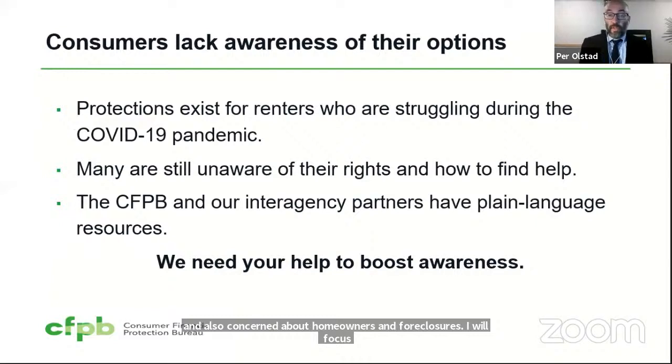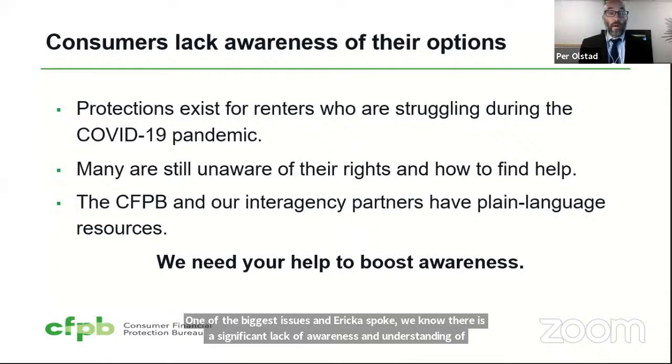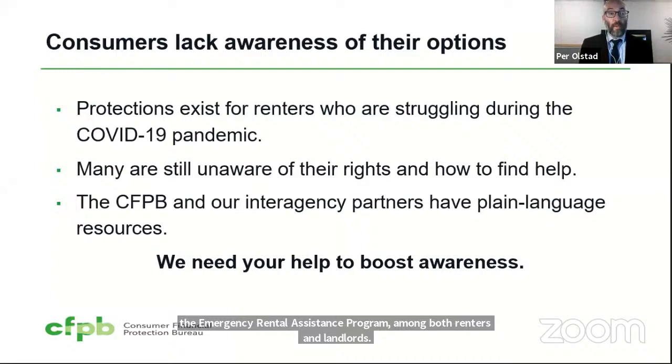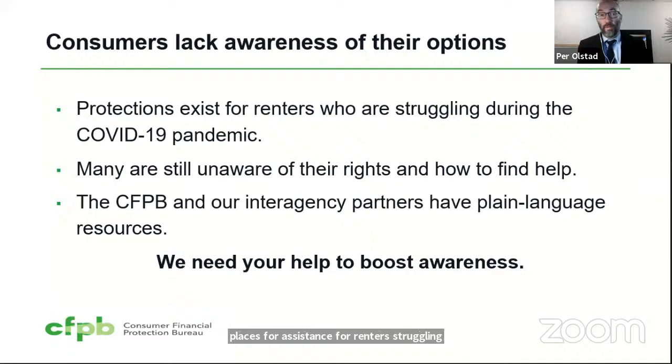Now, one of the biggest issues, and Erica hit on this earlier, is that we know there's a significant lack of awareness and understanding of the Emergency Rental Assistance Program among both renters and landlords. With the Emergency Rental Assistance Program and other resources, there are significant sources of assistance for renters who are struggling during the COVID pandemic, but many are still unaware of their options, their rights, and how to find help.